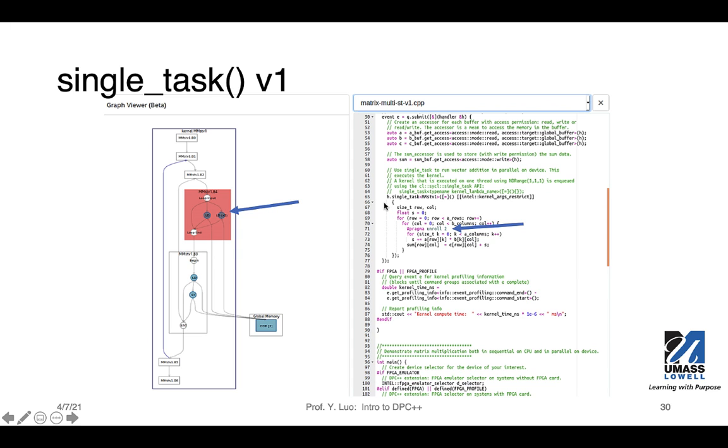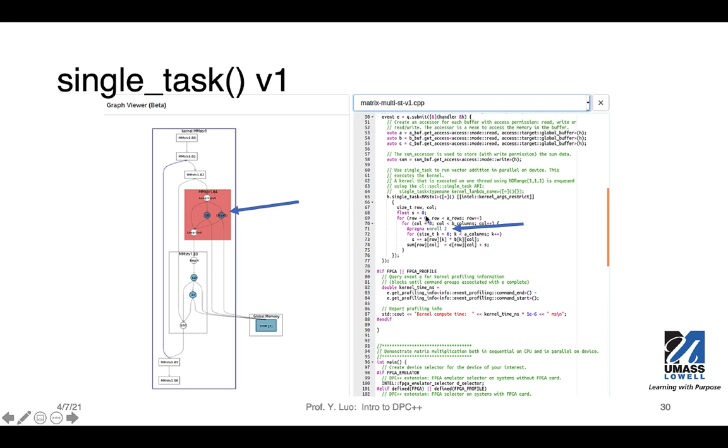As a result, for FPGA designs, the recommended way is to use single task, and with single task, we can focus on this one single task kernel to optimize the memory accesses, so that we don't have to rely on the default scheduler to schedule these memory accesses from multiple kernel instances.